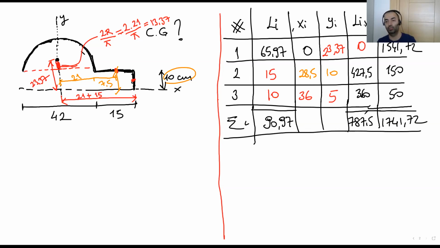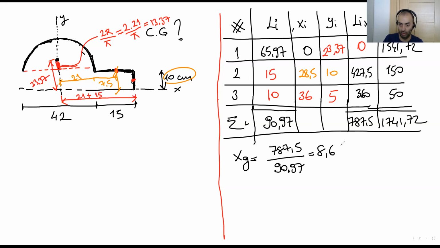Okay, we have all these numbers now. And make the divisions. XG equals, from the table, 8.66 centimeter.